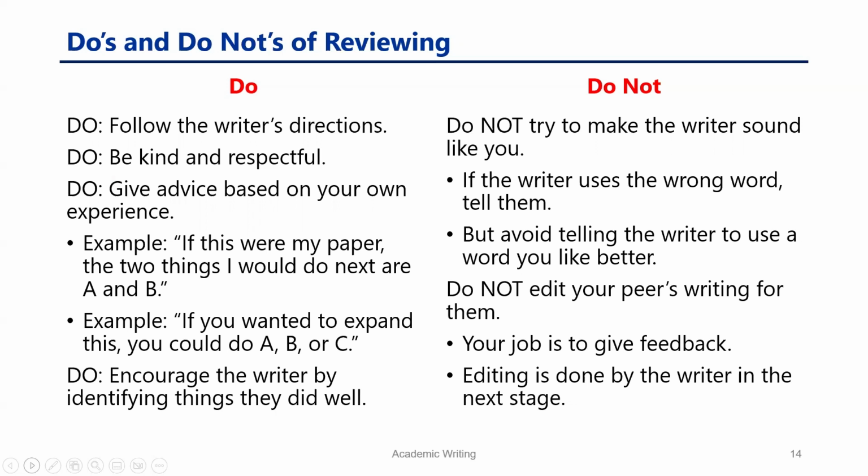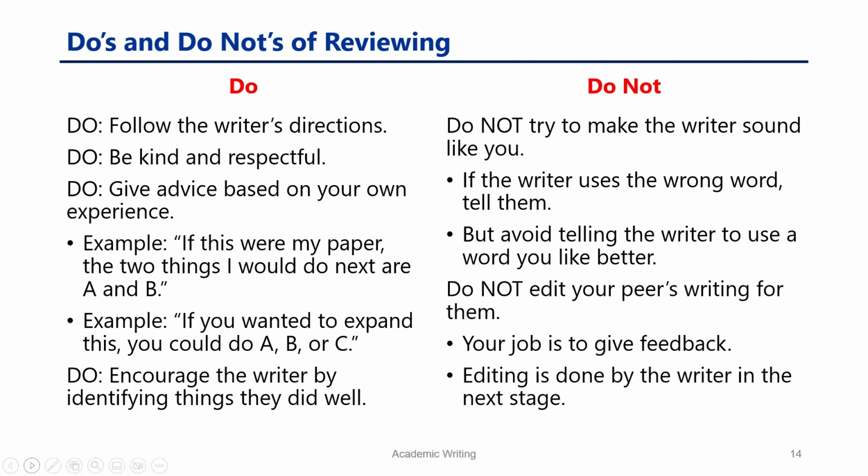For example, if this were my paper, the two things I would do next are A and B. Or if you want to expand this, you could do A, B, or C. And do encourage the writer by identifying things they did well. People don't want to hear all bad news, they want to hear good news too.